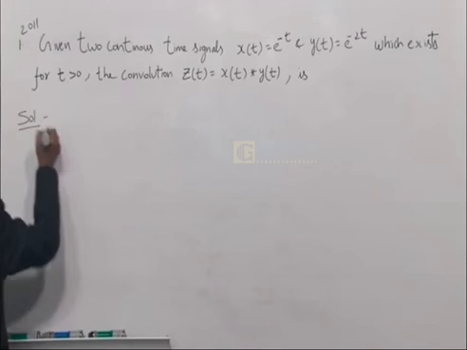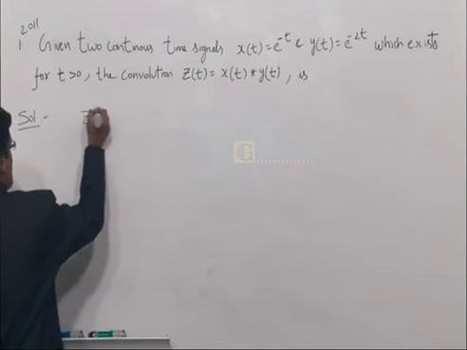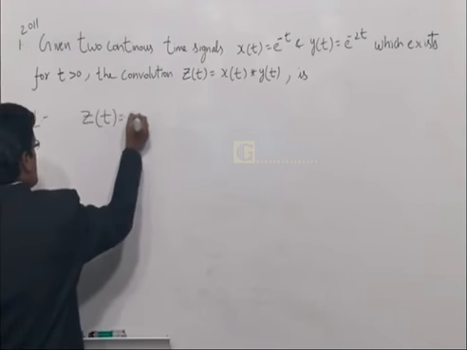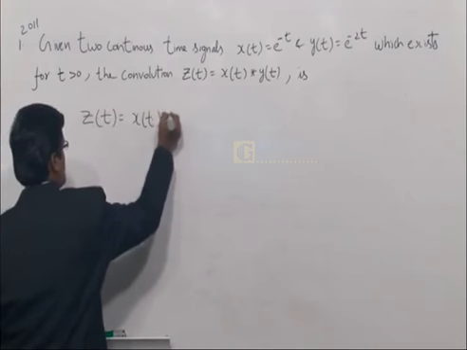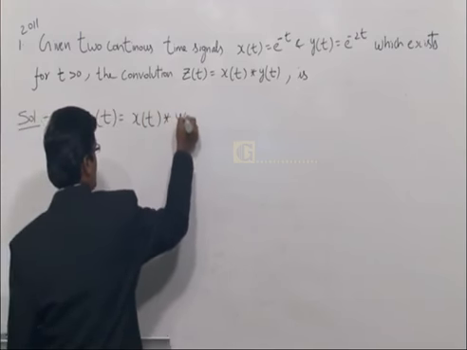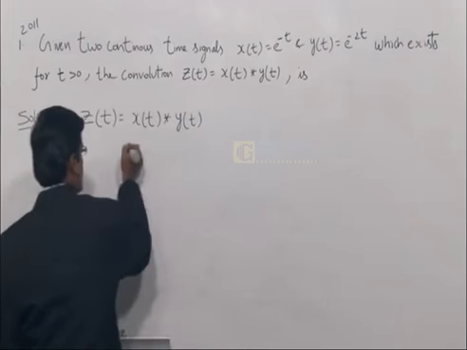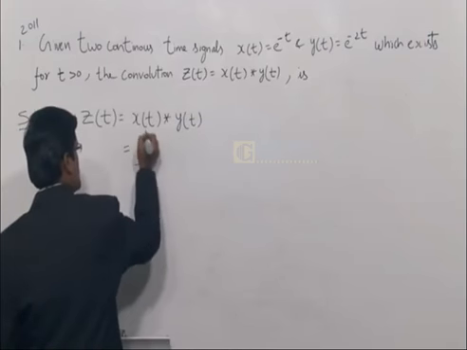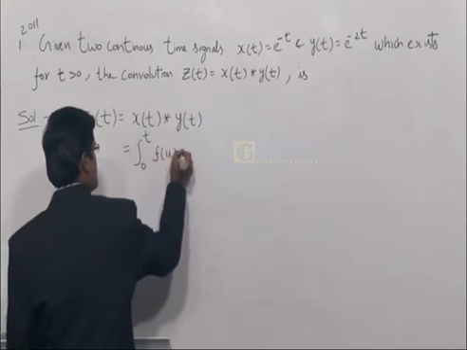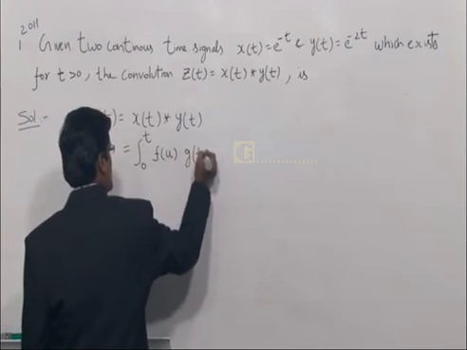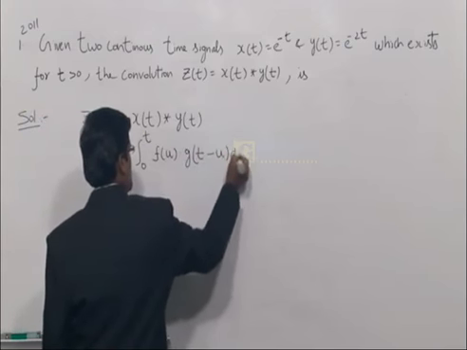Solution. z of t is equal to the convolution of two functions x of t and y of t, and this is defined as integral 0 to t f of u into g of t minus u du.